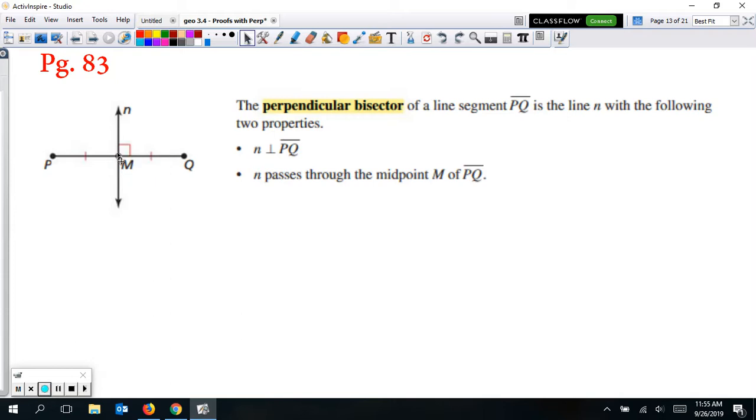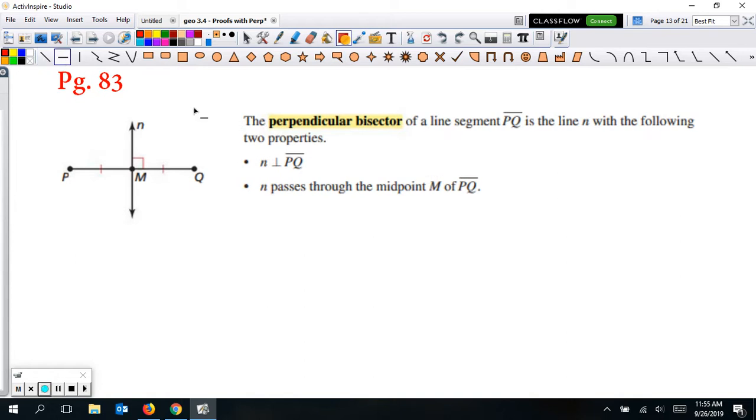It's actually a perpendicular bisector because this bisector connects with this segment at a right angle, at a 90-degree angle. So it's right here, you want to draw the picture. So make sure you draw this picture next to your words there, your vocabulary in that page 83. And also let's go ahead and write this down.